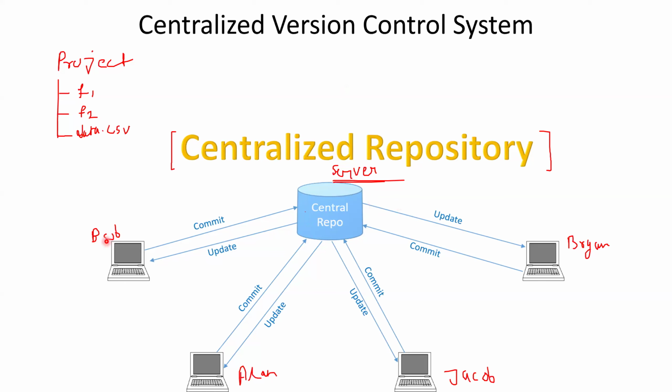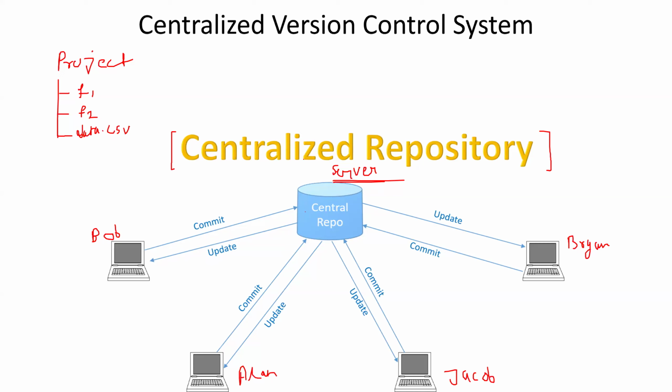Now let's say this is the user Bob, and projects are big, with multiple users working on them. Do you think Windows is created by one single person? Or are there multiple developers? Yes, multiple developers.